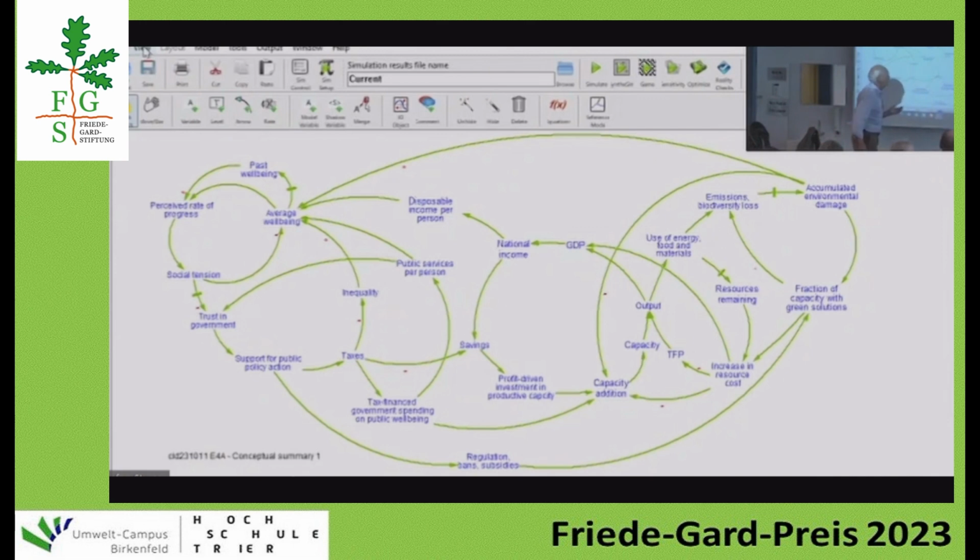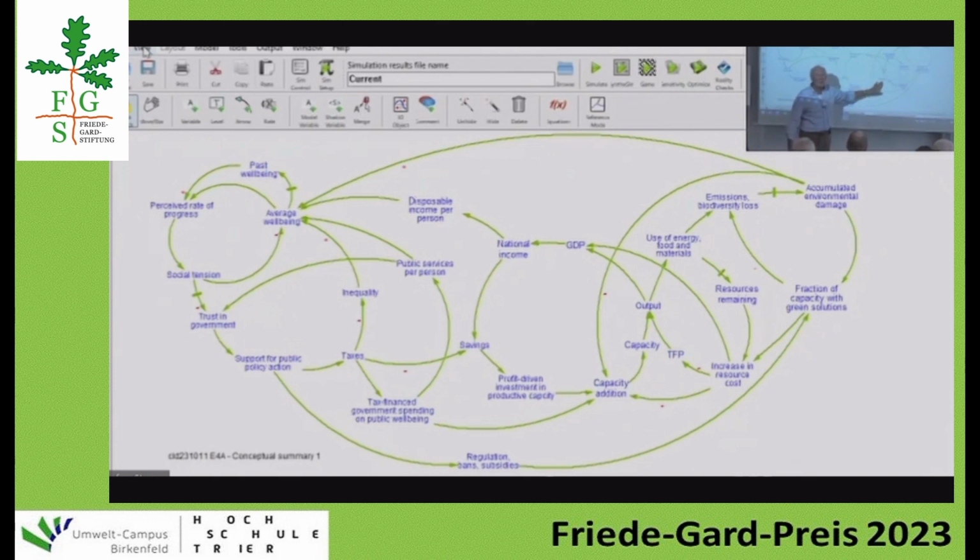How does it work? In order to calculate the GDP, you need to know the physical output of the system. You know how many goods and services are actually being produced, and you multiply by the price and you get the GDP. The physical annual output of goods and services is determined by the capacity of the system. What is the capacity of the system?